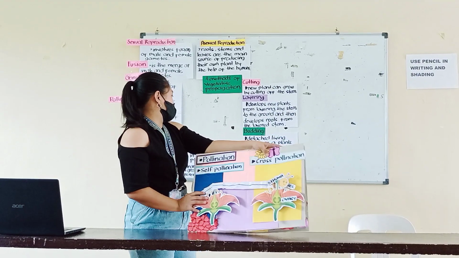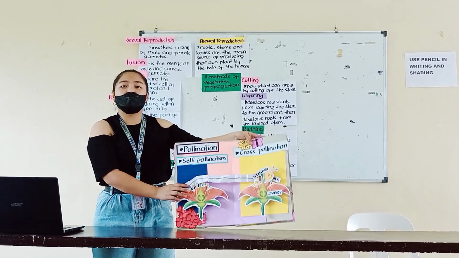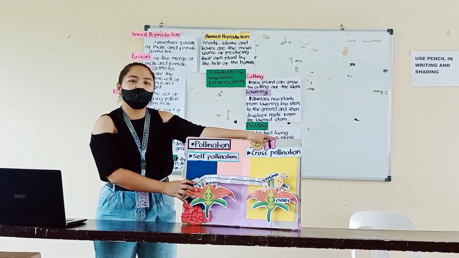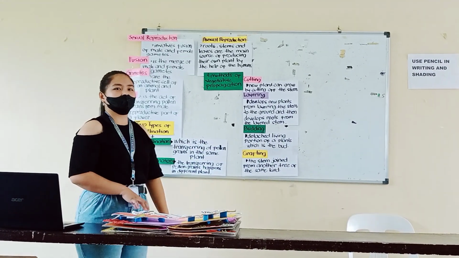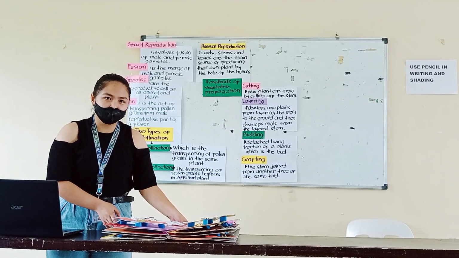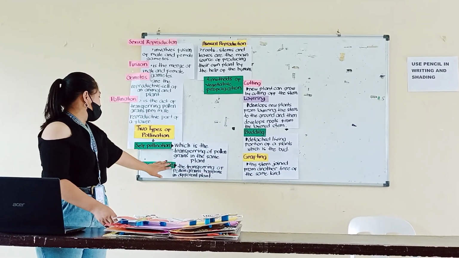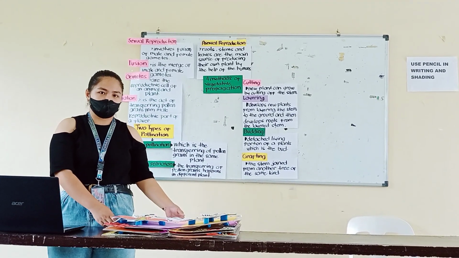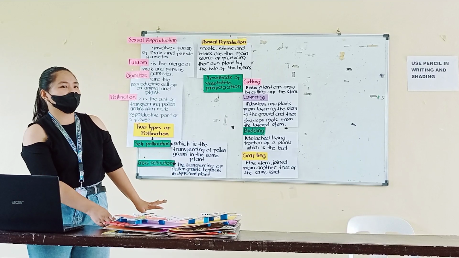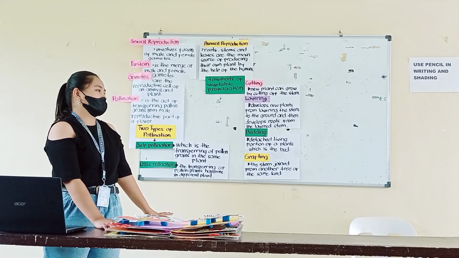Yes, ma'am. Okay. Again, what is self-pollination? The transferring of pollen grains in the same plant. Okay, that's good. How about cross-pollination? The transferring of pollen grains happens in different plants.